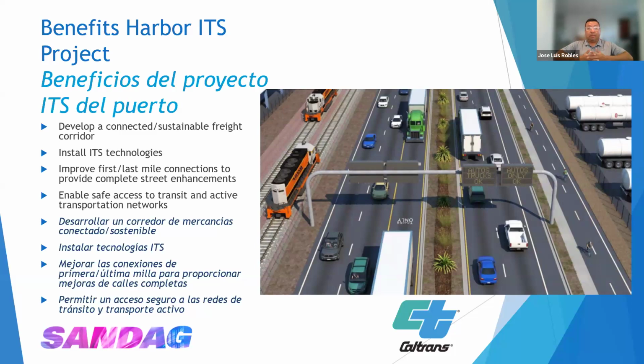As we implement this project, the signals are going to restrict those moves for freight. It's still going to allow for passenger vehicles, but it would be an illegal turn for freight.